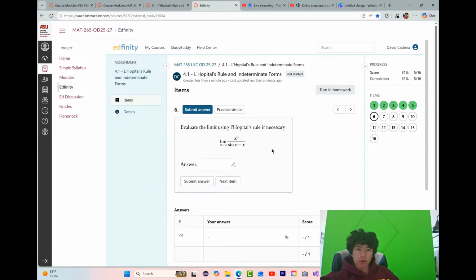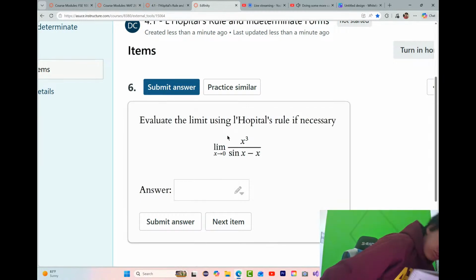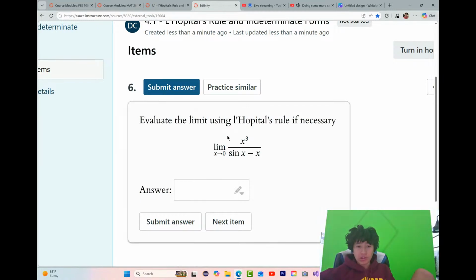Well, we have more homework to do. We have to evaluate the limit using L'Hopital's rule. We have the limit as x tends to 0 of x to the power of 3 over sine of x minus x.